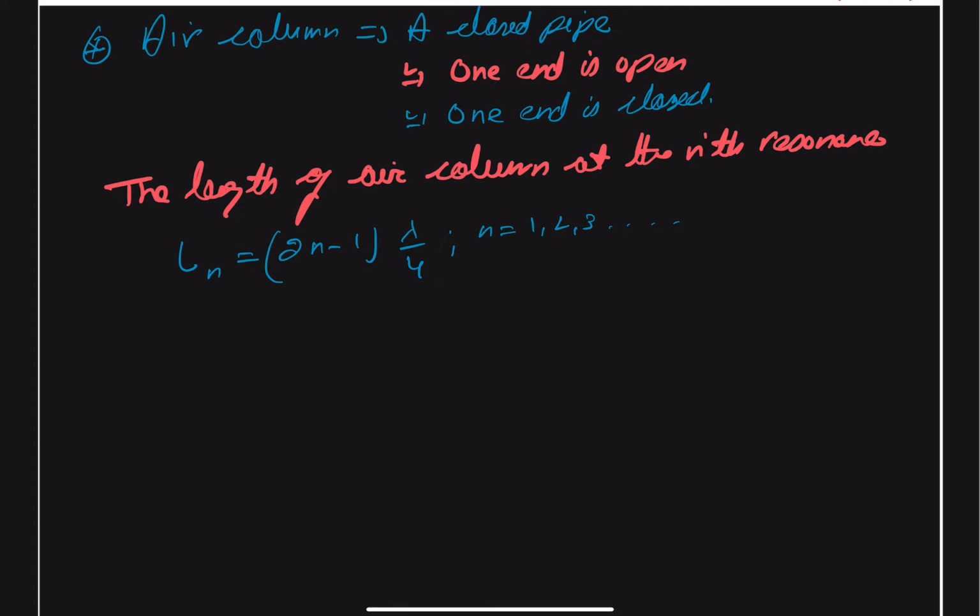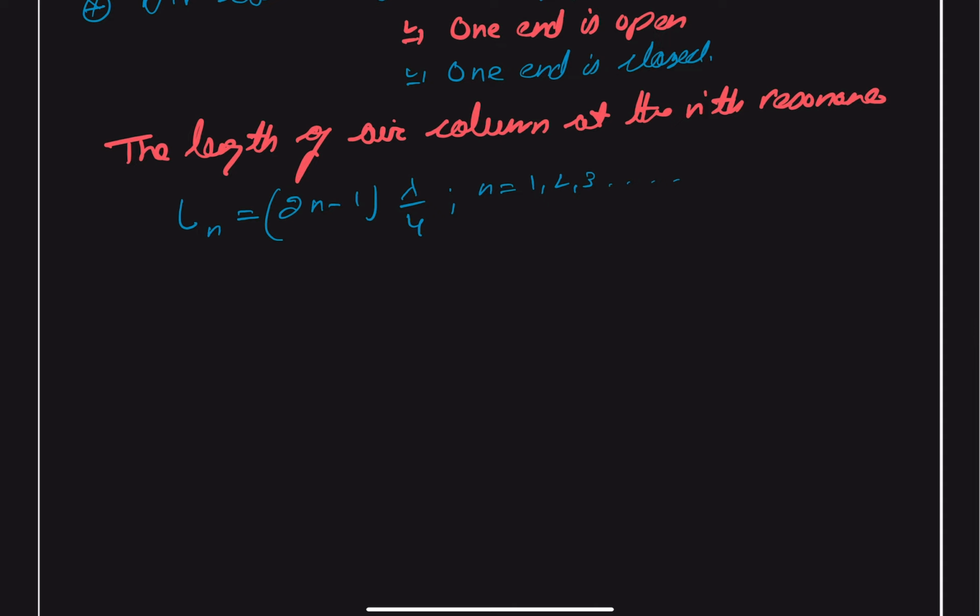So we have two resonances given in the question. For the first resonance, the value of n is equal to 1. So this gives us that our L1 will be equal to lambda by 4.